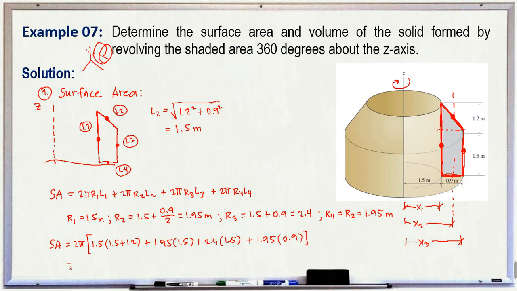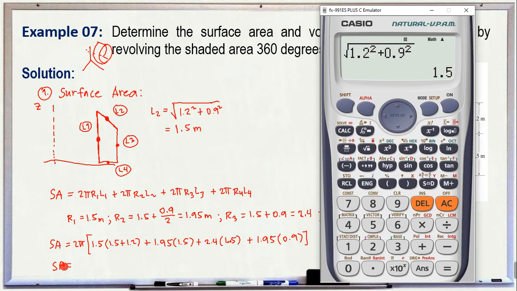Okay, so therefore the surface area of this figure would be 2 pi times 1.5 times 1.5 plus 1.2, plus 1.95 times 1.5, plus 2.4 times 1.5, plus 1.95 times 0.9.